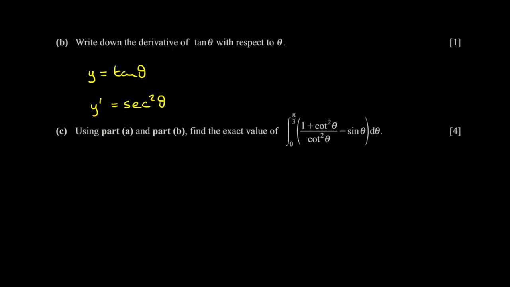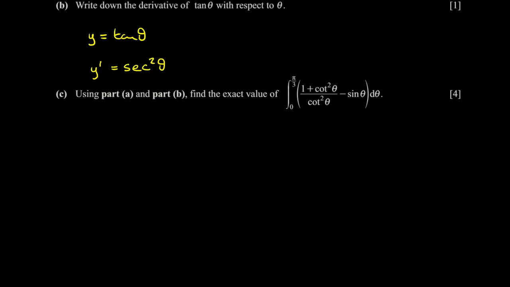Okay, so now using part A and part B, find the exact value of this integral. Well, essentially we've got to really understand what integration is. Let's say we've got a function, let's call it big F of x, and we differentiate this function, and as a result we get little f of x.